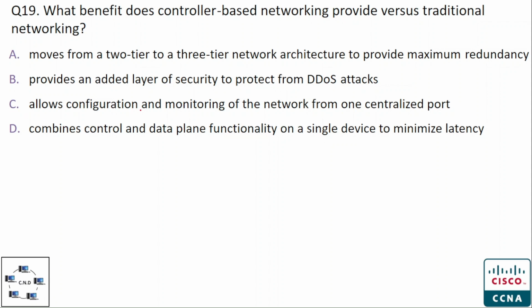Option C, allows configuration and monitoring of the network from one centralized port. And option D, combines control and data plane functionality on a single device to minimize latency. And the correct option is that controller-based networking allows configuration and monitoring of the network from one centralized port, or from one centralized device or location.